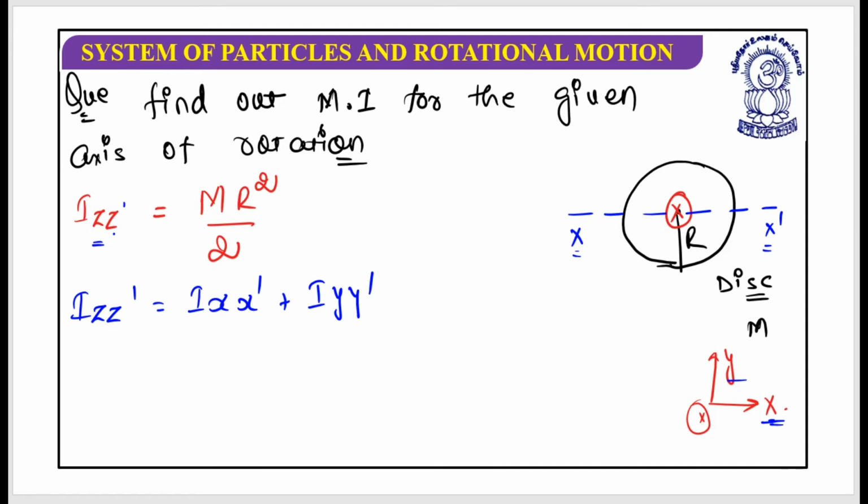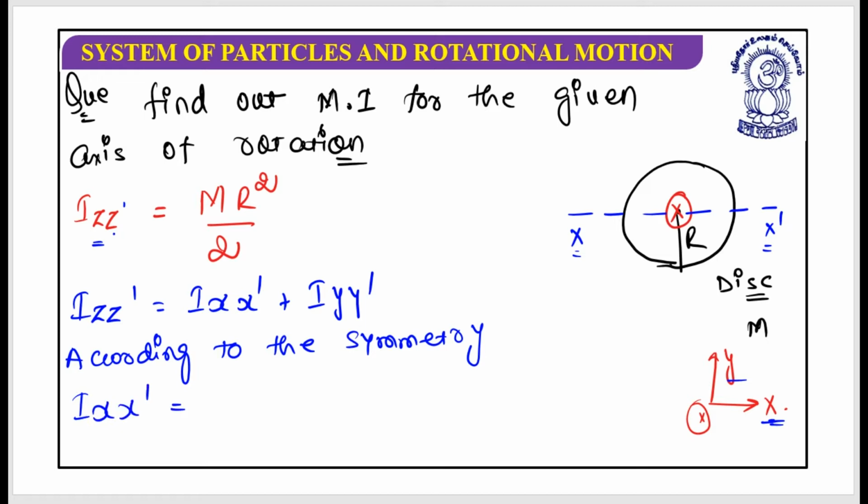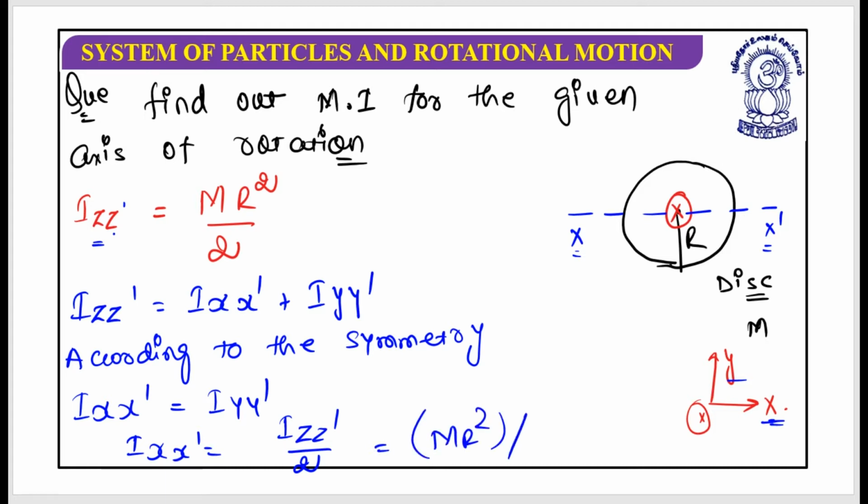Now according to the symmetry, IXX dash and IYY dash are equal. So IXX dash equals IZZ dash divided by 2, which would be mr square by 4.